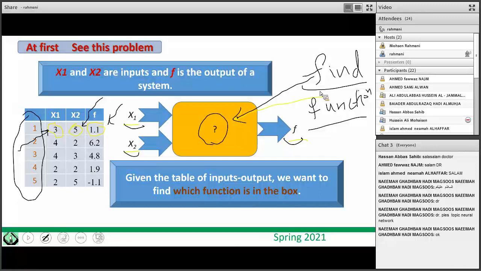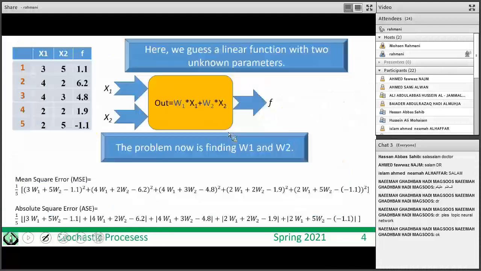Now, see the question again. We have some inputs and outputs. We want to find which function is in the box.